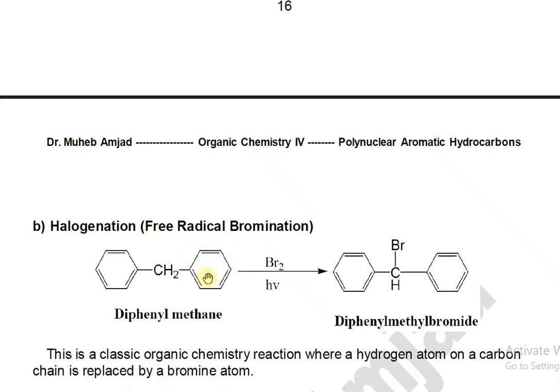Why is it not on the aromatic part? Because there is no Lewis catalyst here, so there is no electrophilic aromatic substitution reaction. So the Br2, the bromine, will react with the aliphatic part. Where is the aliphatic part? This is the aliphatic part. So the halogenation will happen here, and one of the hydrogen atoms will be replaced by the halogen, by the bromine.